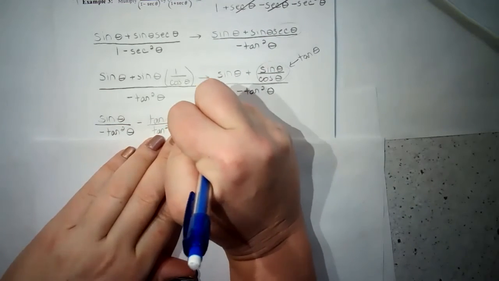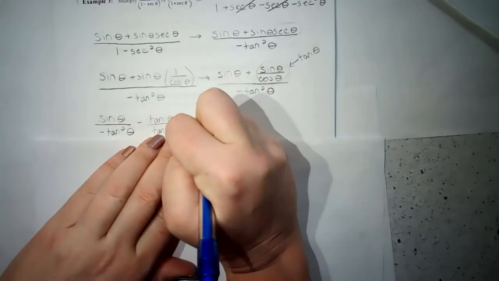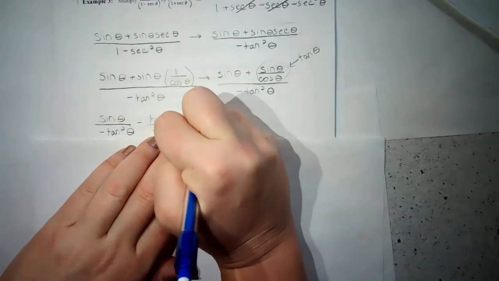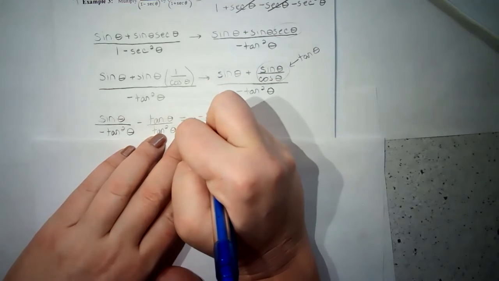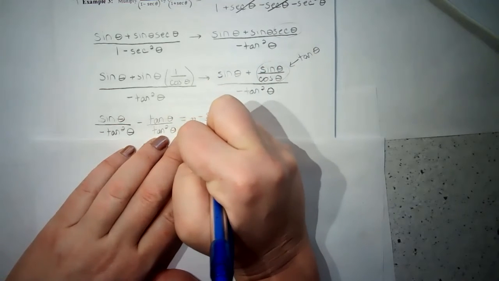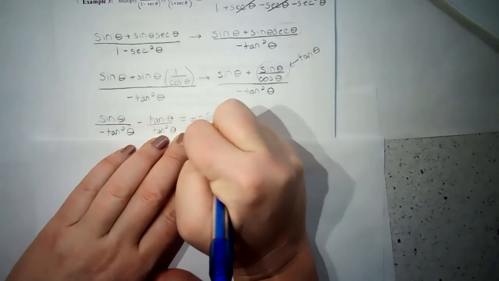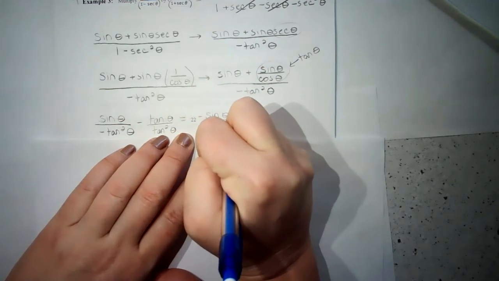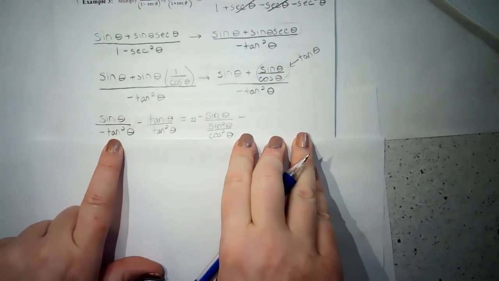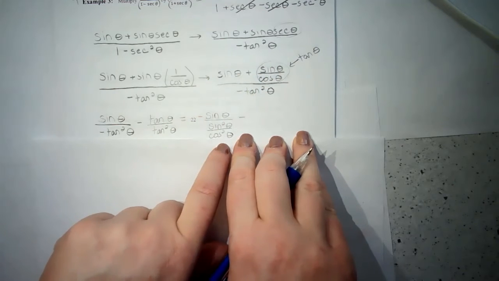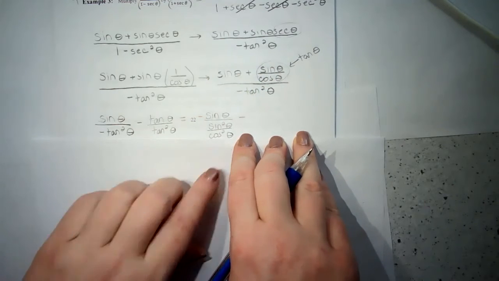So I'm going to have sine theta over, and you can make him negative. You can move the negative to the top if you want to, okay? Over sine squared theta divided by cosine squared theta. Where did I get that? Well, tan squared theta. So I just changed it to sine squared theta over cosine squared theta.